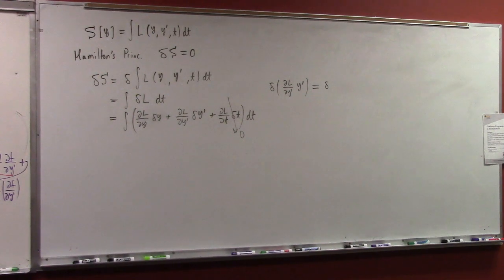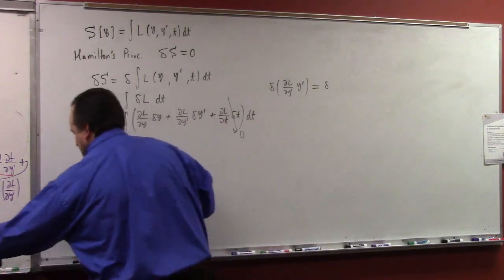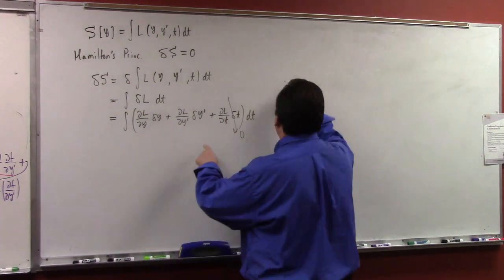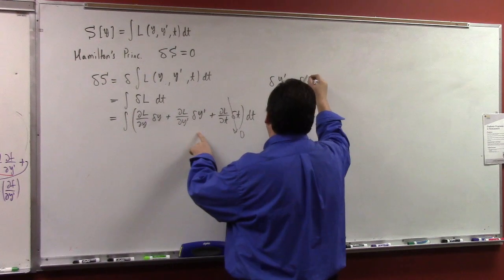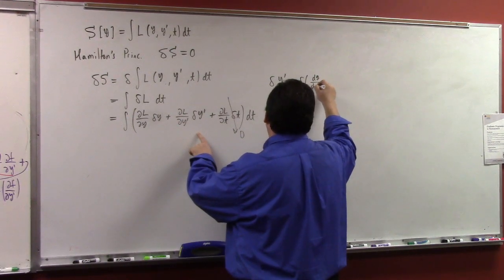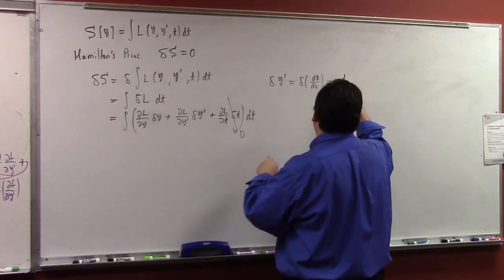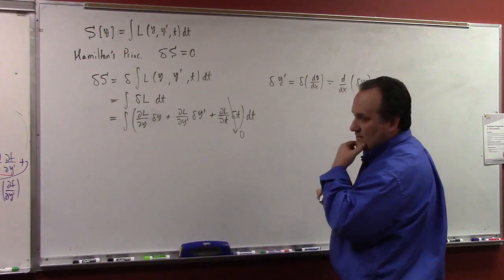Yeah, okay. My bad. So what I was told in my junior level physics class is that the variation of y prime is really just the variation of dy dx, but you can just commute the variation and the derivative. So that's really just d dx of the variation of y, right?